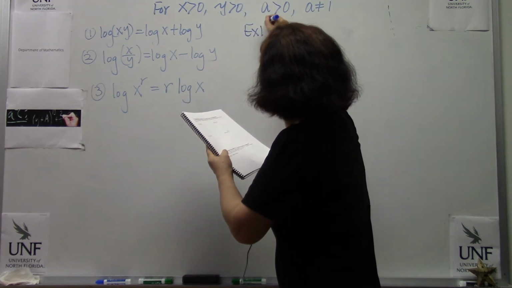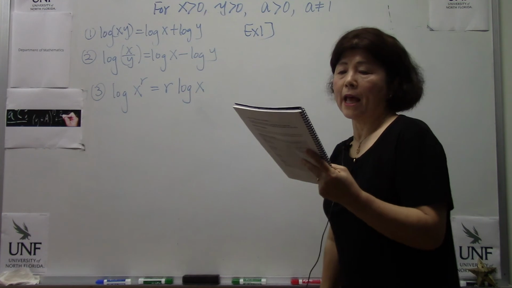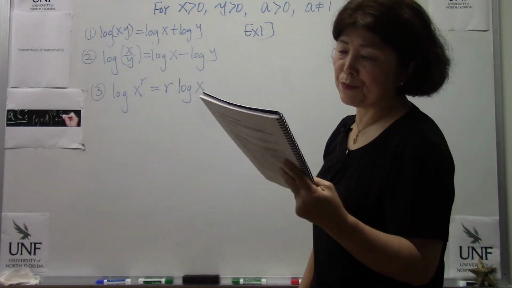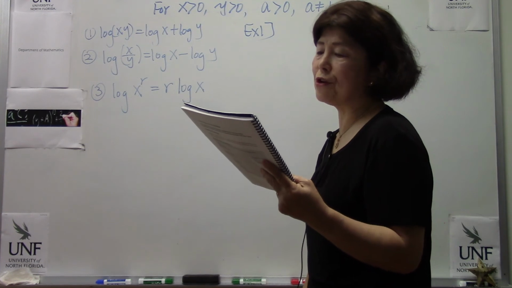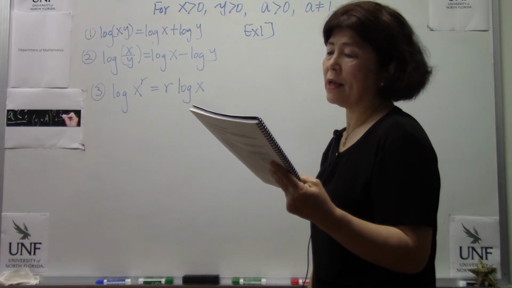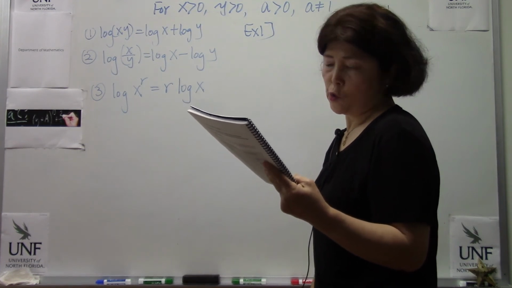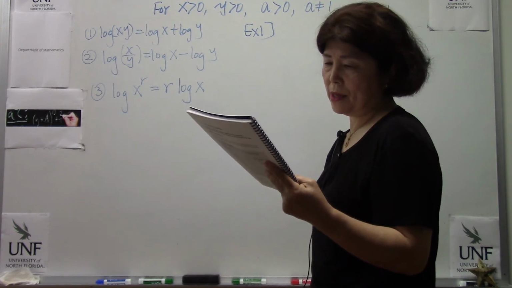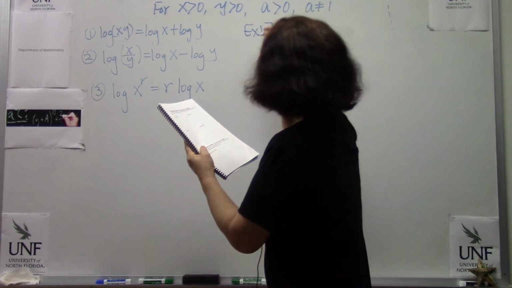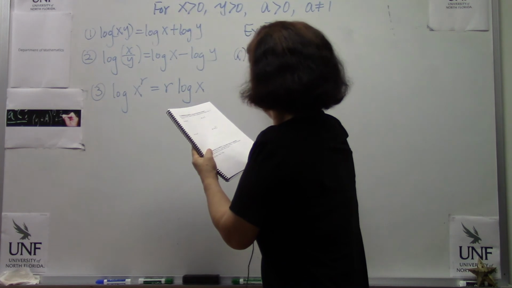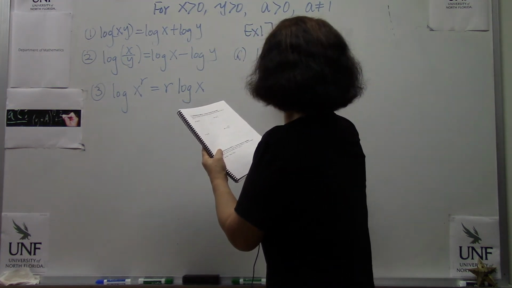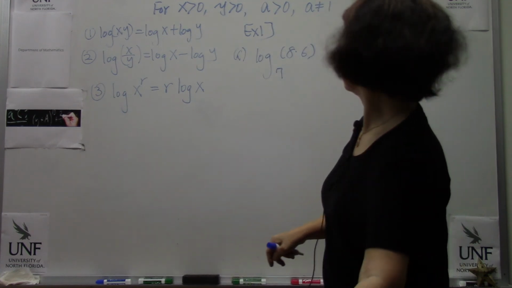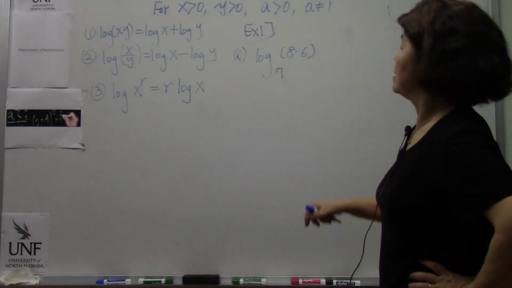So example 1 over here: rewrite each expression. Assume all variables represent positive real numbers with a not equal to 1 and b as well. So here, log of 8 times 6 to base 7. How can you rewrite it?